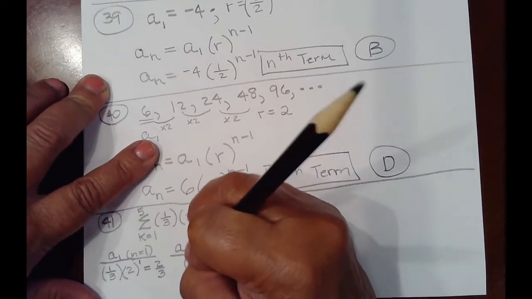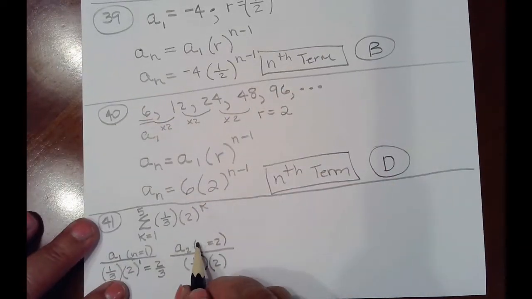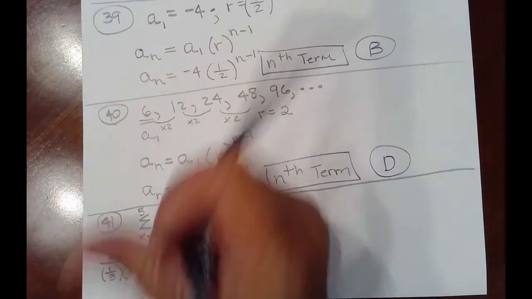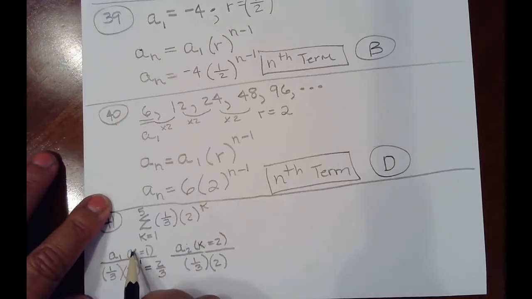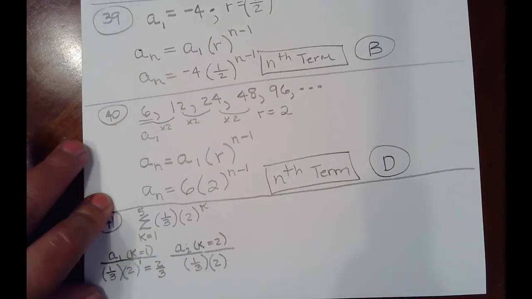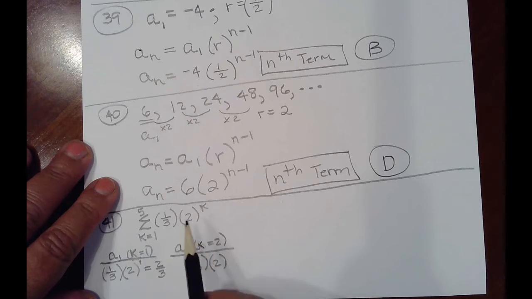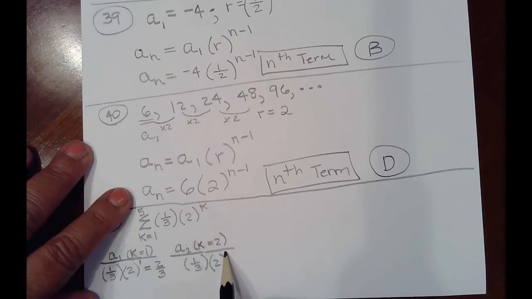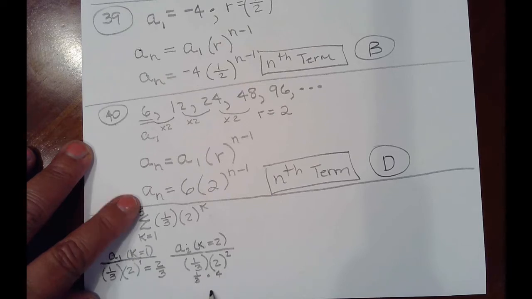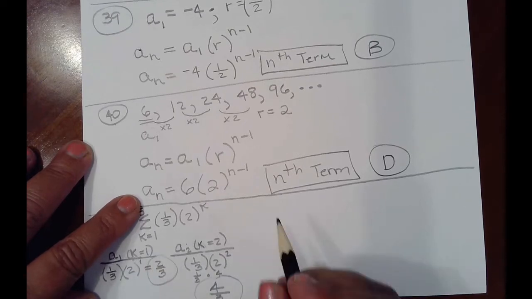I guess I should be writing k's here because that's the variable they're using rather than n. I'm just used to seeing an n there. Now it would be 2 raised to a power of 2, so this would be 4. This time this is 4 times 1/3, so this is 4/3 is the next term. So you've got 2/3, then you've got 4/3.